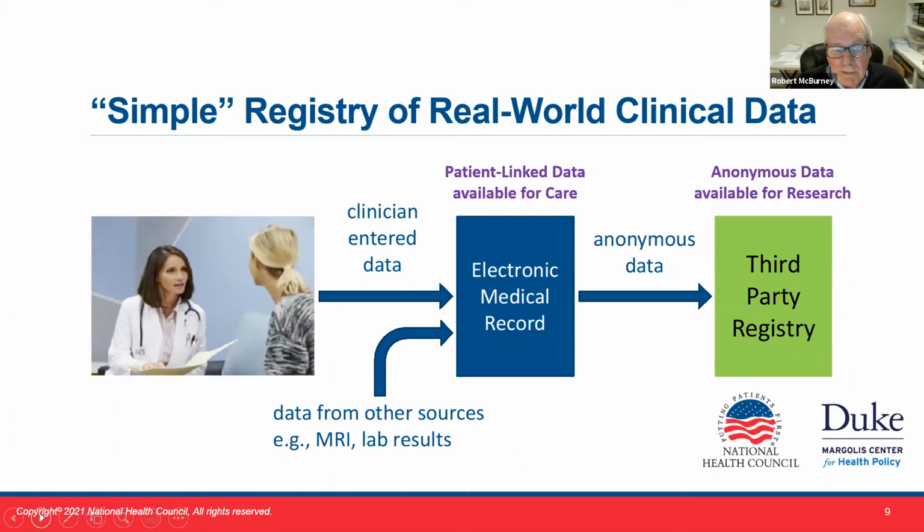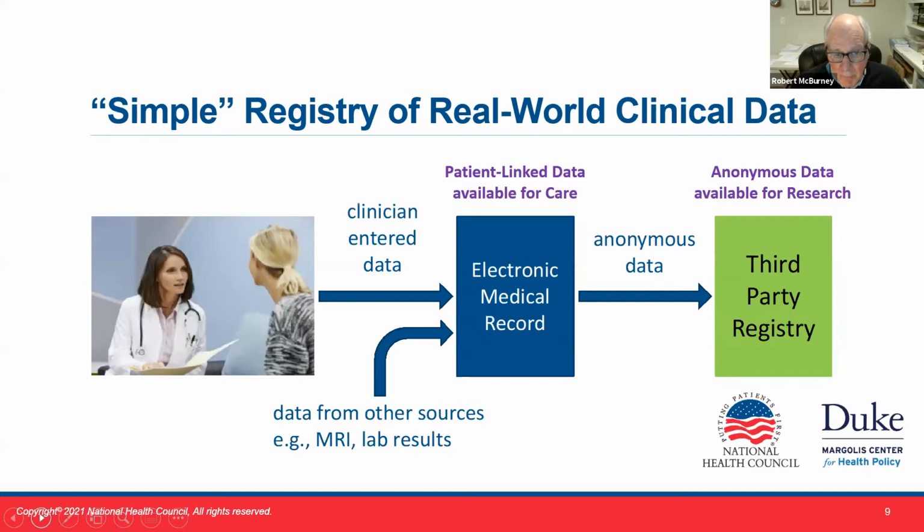So a simple registry has a number of features. And by simple, it doesn't mean that it's simple to create, but it's maybe the simplest version of a registry. And so in an encounter between a clinician and a patient, data gets entered primarily by the clinician into the electronic medical record.